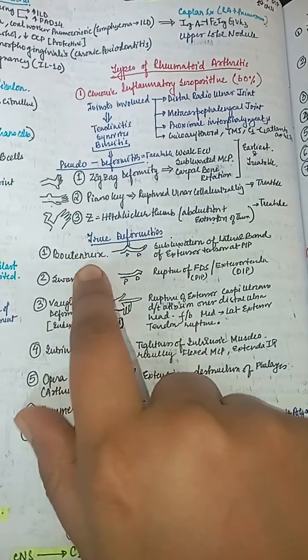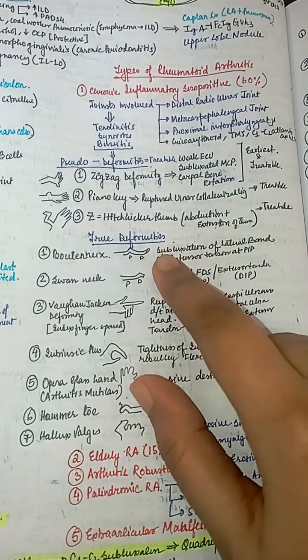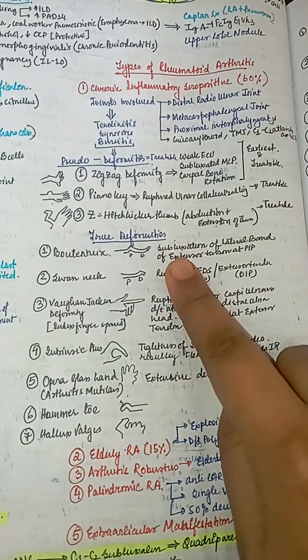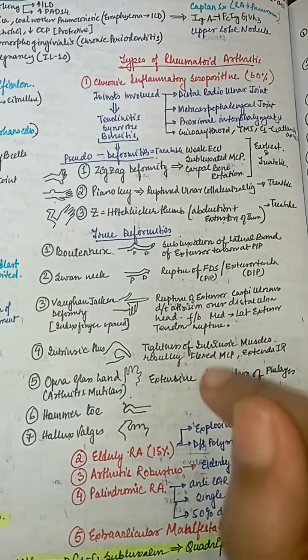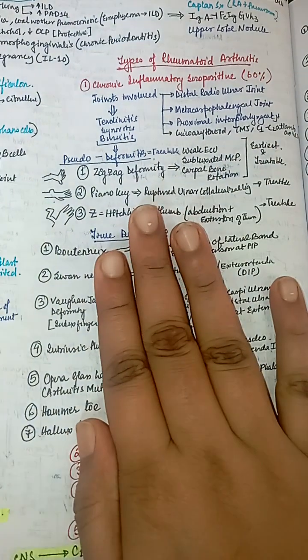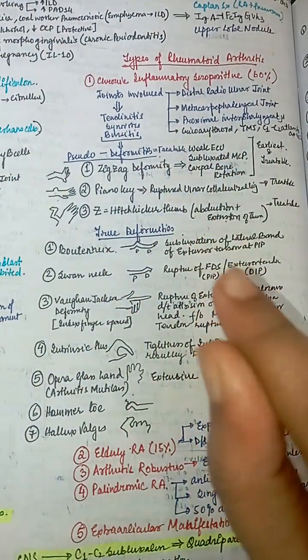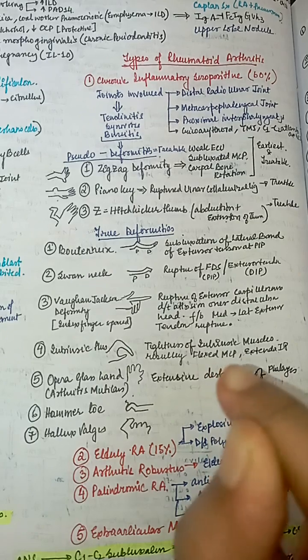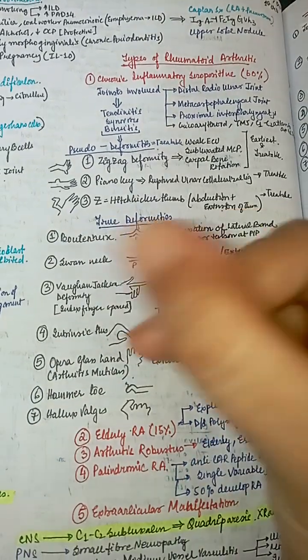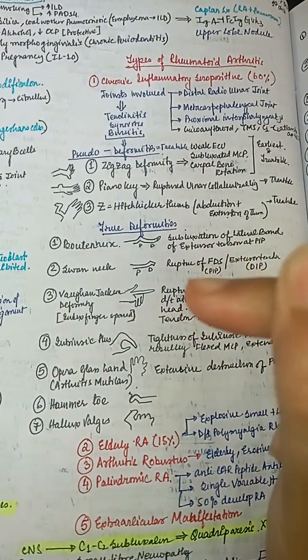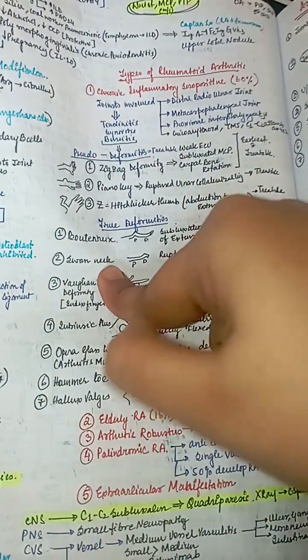Among the true deformities is the Boutonniere's deformity, subluxation of the lateral band of the extensor tendon at the PIP. This is the lateral band. At the PIP joint, the lateral band of the extensor tendon is subluxated. That is why this happens.